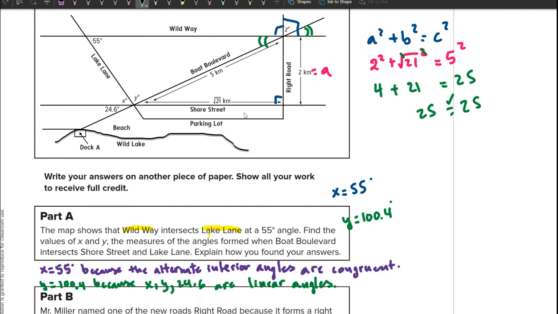How do we find this angle? Let's go back to what we did earlier. This angle is 55 degrees. Our Y that we solved earlier is 104 degrees, right? So this triangle can help us solve the missing angle. Any idea?